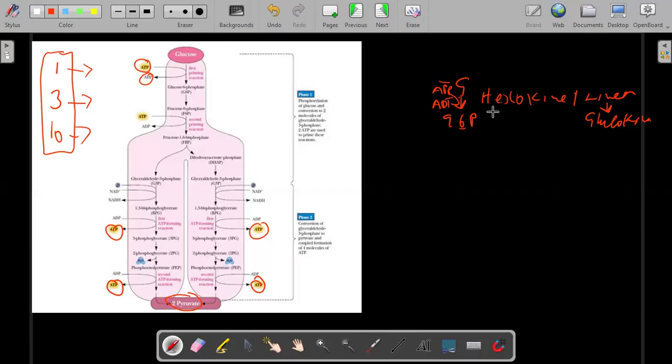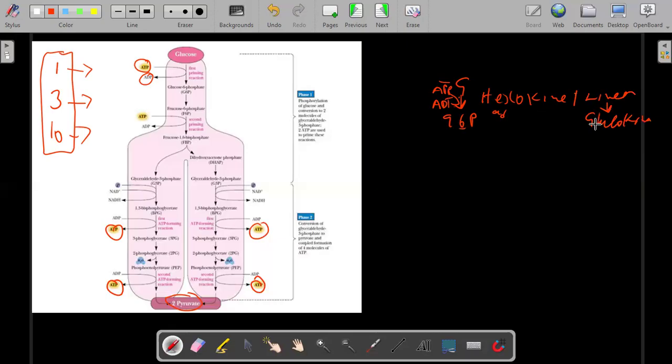I've mentioned that in the adipose, in the muscle tissues, in the red blood cells, you are going to find hexokinase doing the first step. It's the one which gets the phosphate group from ATP and adds it to the glucose molecule so that you end up with glucose 6-phosphate. That's the first step.